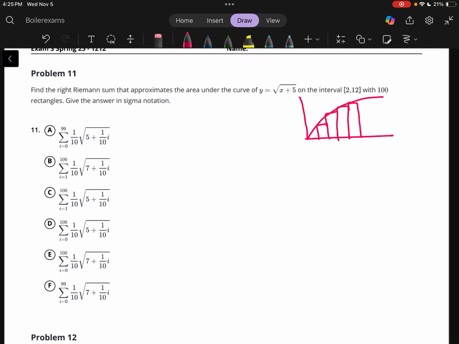In this case, the left side of the rectangle is on the curve, so this is called a left Riemann sum. Okay, and then the right Riemann sum would look like this.